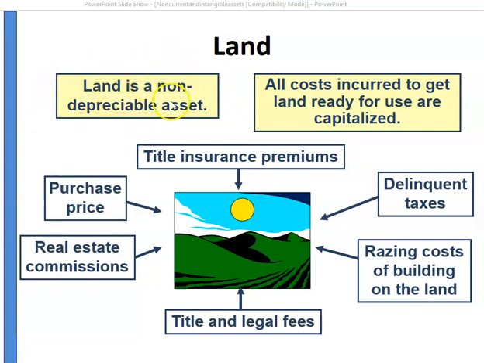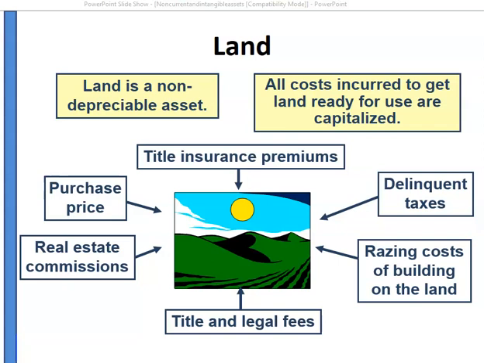And it says land is a non-depreciable asset. And the reason for that is that it is generally assumed that the land that you are purchasing today is in the same condition it was 100 years ago and 100 years before that. And so it's really not an asset that can be depreciated.